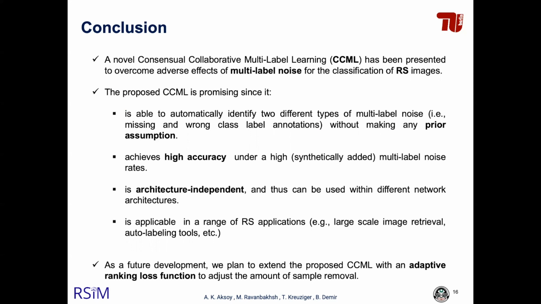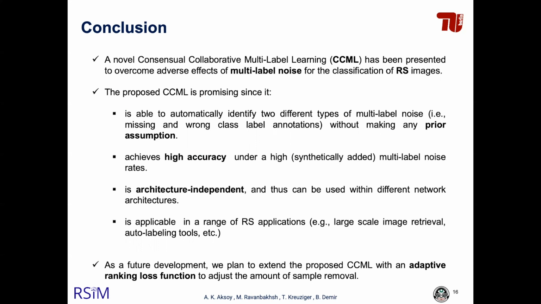Furthermore, CCML is architecture independent and can be used within different network architectures, which makes it not limited to the classification task only, and it is applicable in a range of remote sensing applications.